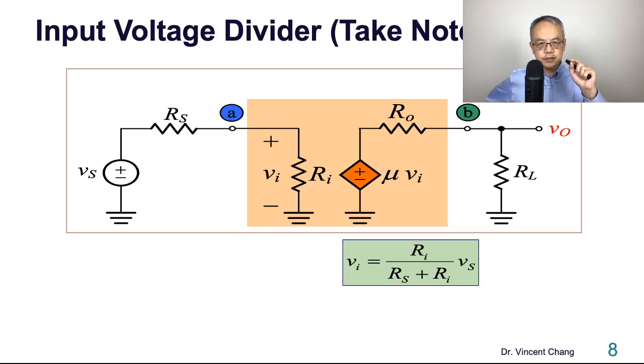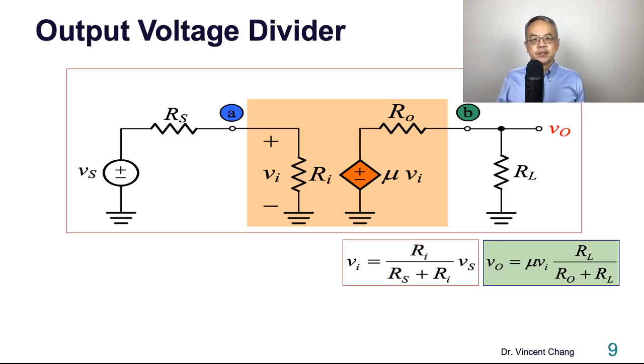Let's first derive the relationship between VO and Vs. There are two voltage dividers. On the left-hand side is the divider between Ri and Vs. On the right-hand side is the divider between Ro and RL.